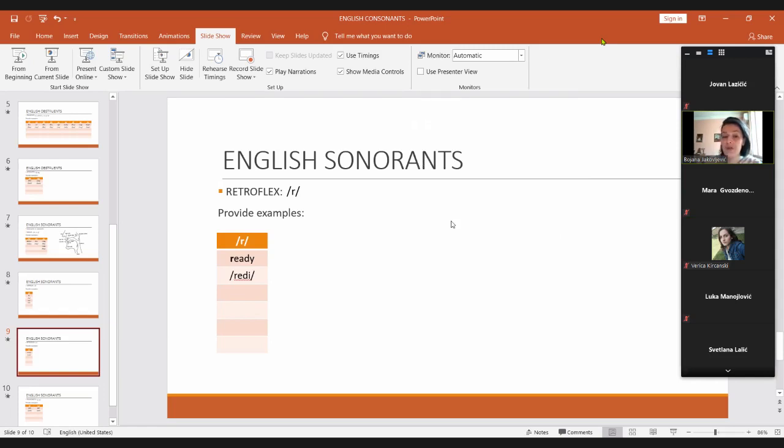When you do not produce the R sound, and you do have it in spelling, can you think of some example? So in American, whenever you have the letter R in spelling, you produce the sound R. In British, there are two positions in which you might have a letter R in spelling, but you do not produce the sound R.